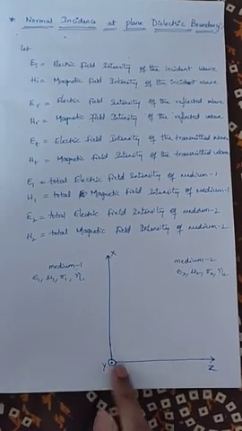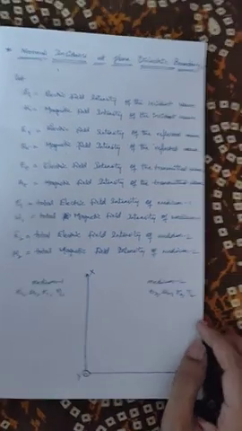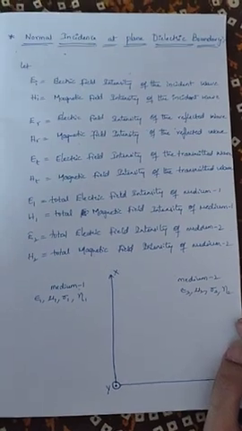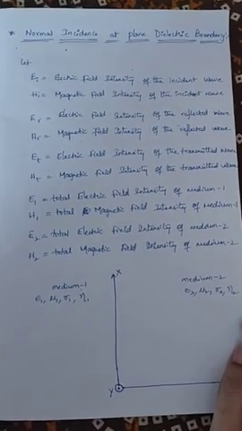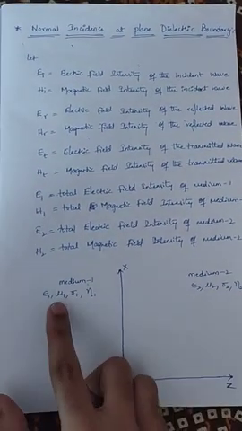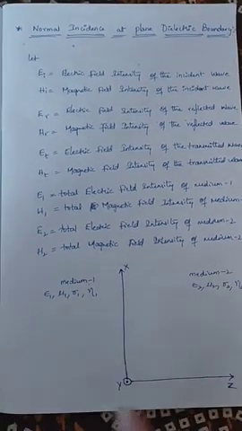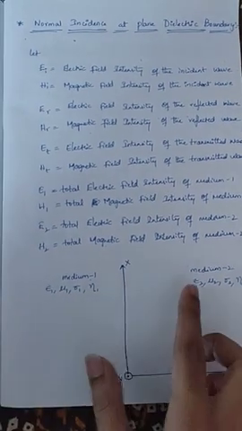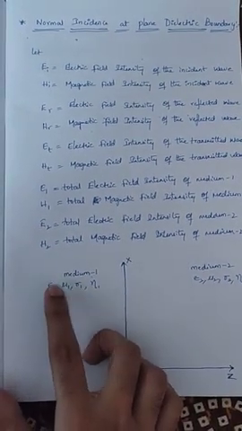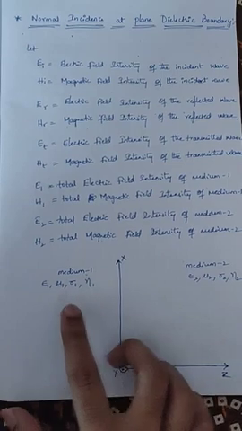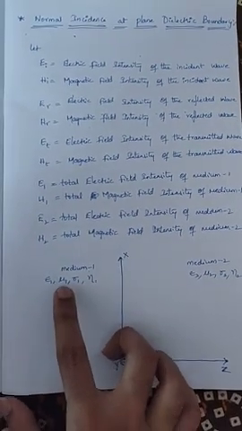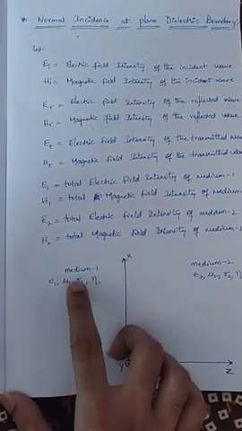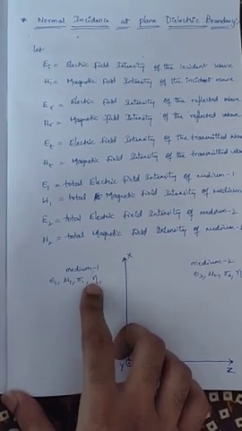Okay. Now for normal incidence at the plane between a dielectric boundary, we are considering that medium 1 and medium 2 are both dielectrics with different properties. Epsilon 1 is medium 1 and epsilon 2 is medium 2. Each has its own permeability, conductivity and intrinsic impedance.